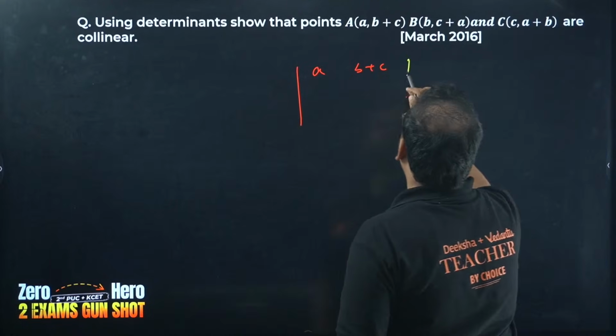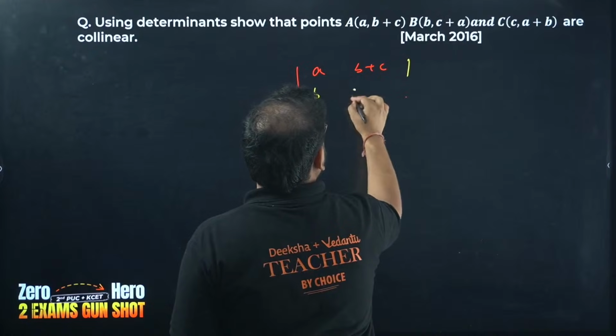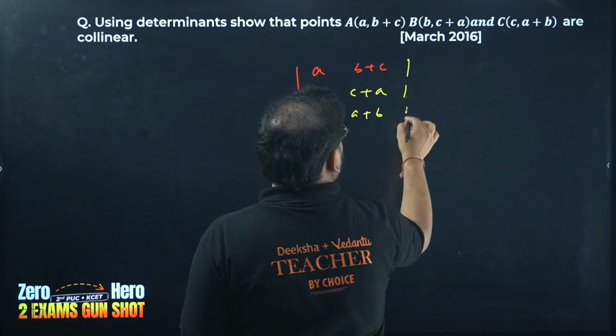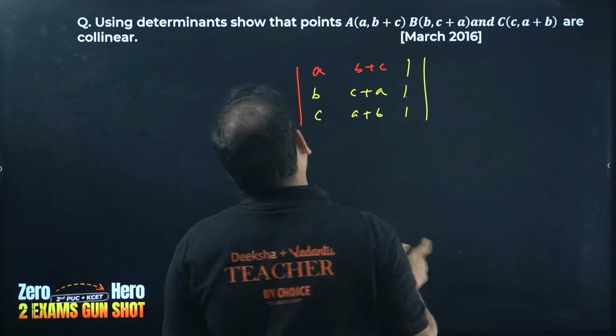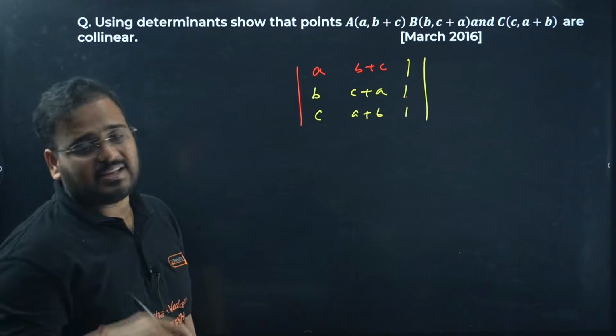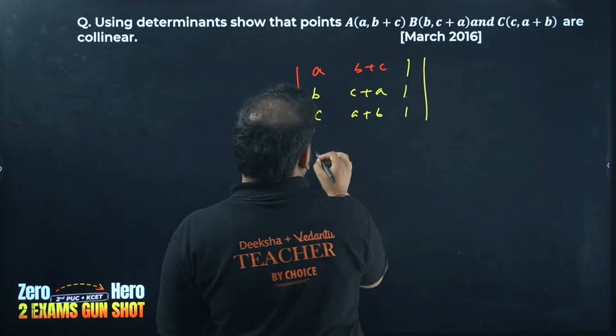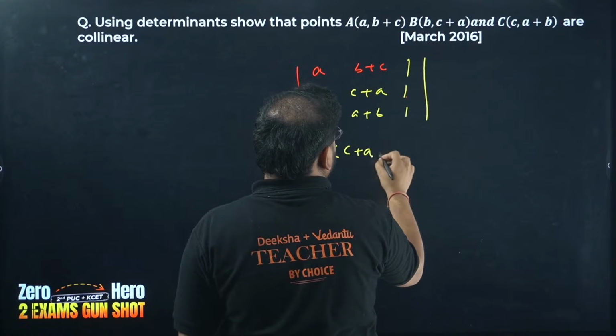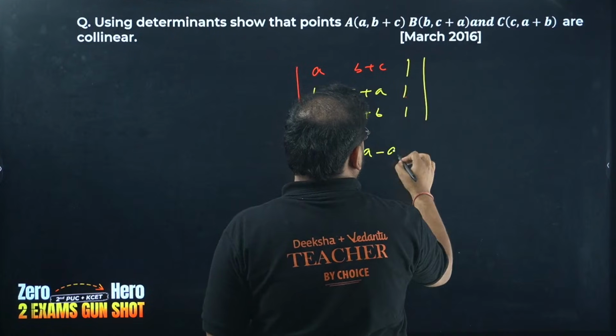Yes, 1. We have B, C plus A, 1 and C, A plus B, 1. For this to be collinear, the determinant has to be equal to 0. Let's find the value of this first. We get A times (C plus A minus B).